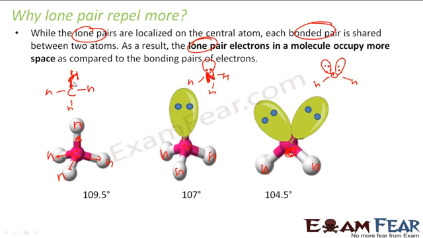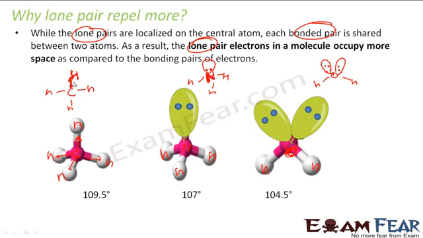If I draw the Lewis structure, there is no extra lone pair on the carbon. It's a normal tetrahedral structure. If you talk about ammonia, there are 3 bonds here, but 1 lone pair. So it will bend. Instead of becoming tetrahedral, it will become trigonal pyramidal. Please note, it becomes trigonal pyramidal.